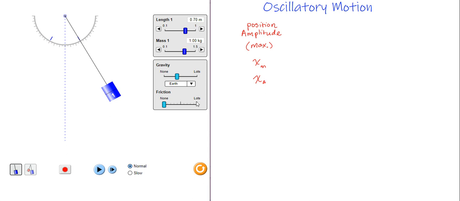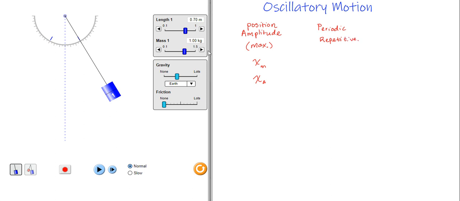Now, we refer to this kind of oscillatory motion as periodic motion, and periodic motion is the term that describes this repetitive behavior. So when we put this term here, periodic, we're oftentimes referring to it as repetitive behavior.